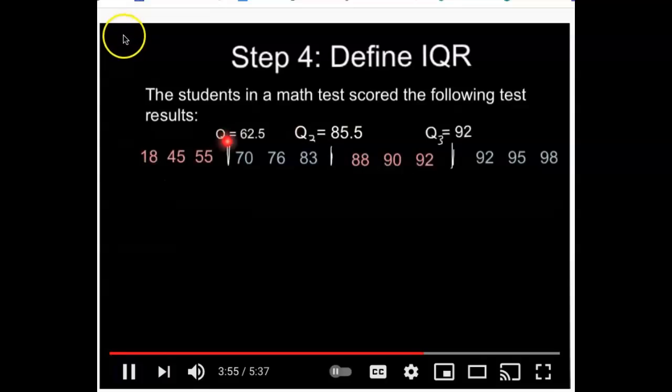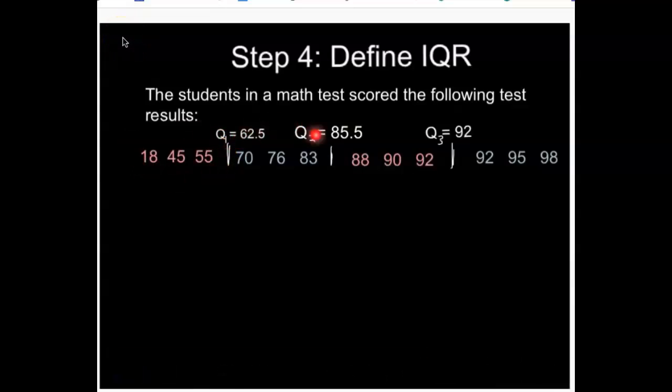If this lower piece is the bottom 25%, then this is the second 25%, or this is the lower 50%. This is the lower 75%, and then the 100%. Likewise, you could also say upper 25%, upper 50%, upper 75%.